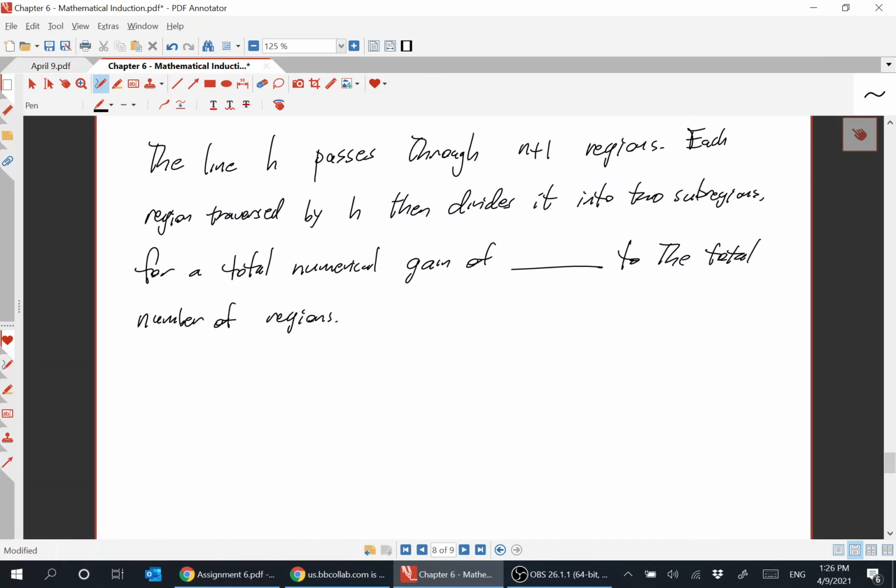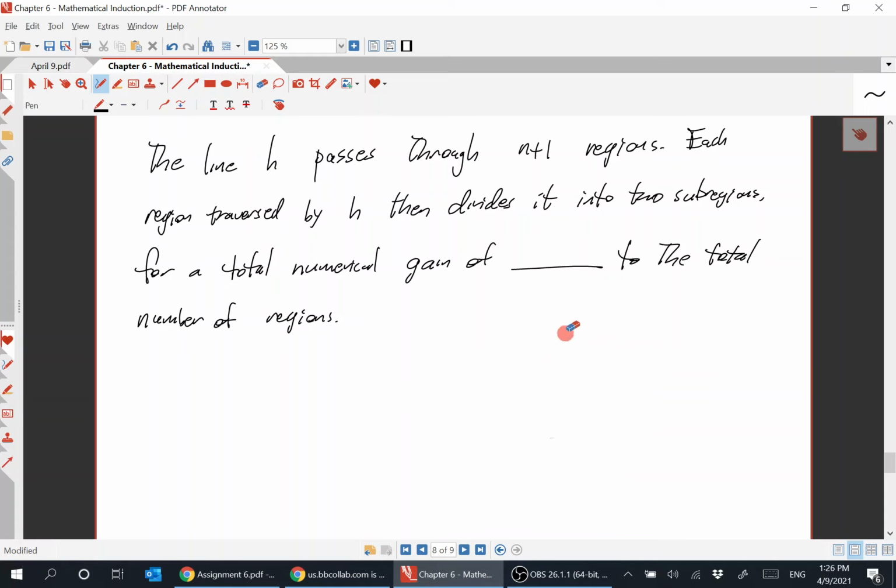Here's a region, and now I take H and pass it through there. That region got cut into 2 smaller regions, 1 and 2. So the total gain is 1, not 2, because I take away the big region and replace it with 2 smaller regions. So I gain 1 in the number of regions.